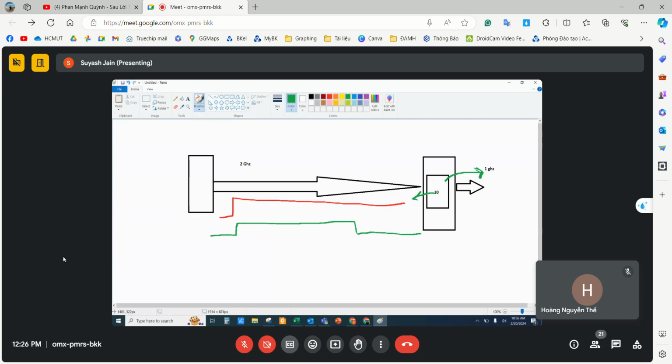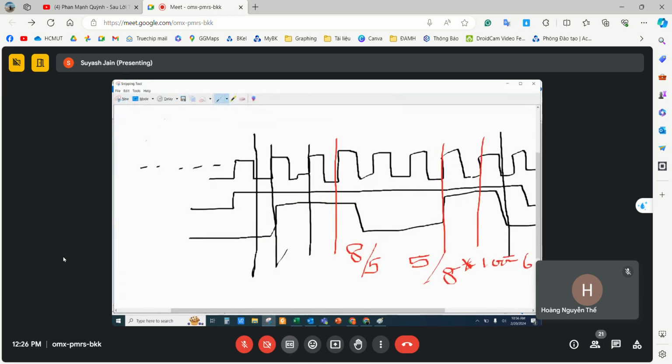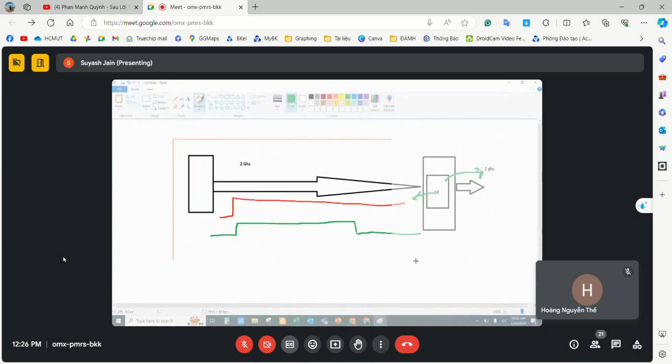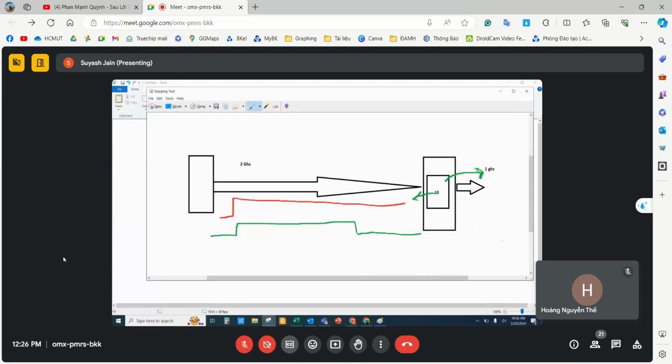Okay, so this performance analysis is helping us to calculate how much time we are utilizing the bus. Okay, and what should be the minimum depth of the FIFO that we can take over here. This is the slave and this is the master.